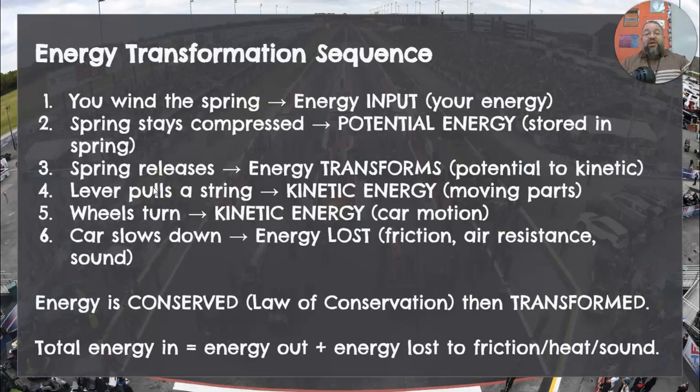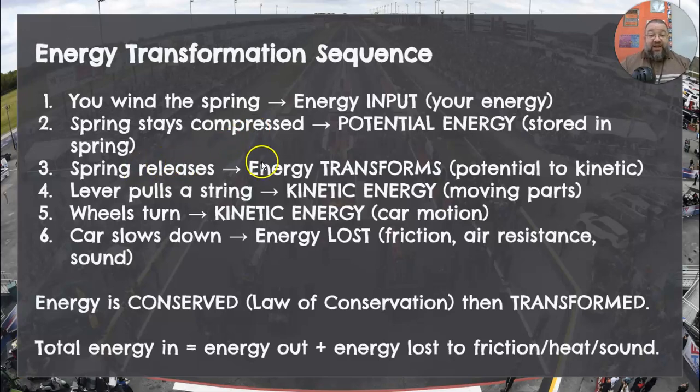So when you're dealing with a sprung weight or a mousetrap race car, you have this sequence happening. You wind the spring up in some way, shape, or form. That generates energy input, your energy. You're creating that to happen. Then, if the spring stays compressed, that's potential energy. It's stored until you release it.